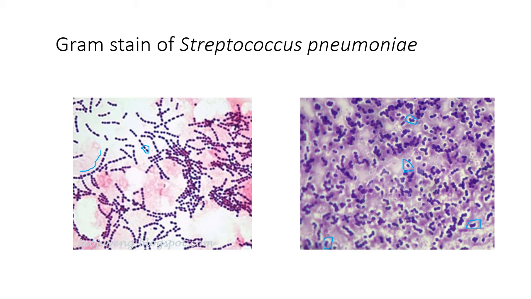So the capsule represents the antigen, and you know that there are more than 100 types of capsular serotypes, and then we can raise antibodies against them, and we can do that in Quellung's reaction, which gives you a very nice confirmation that this is Streptococcus pneumoniae and also which serotype it is.